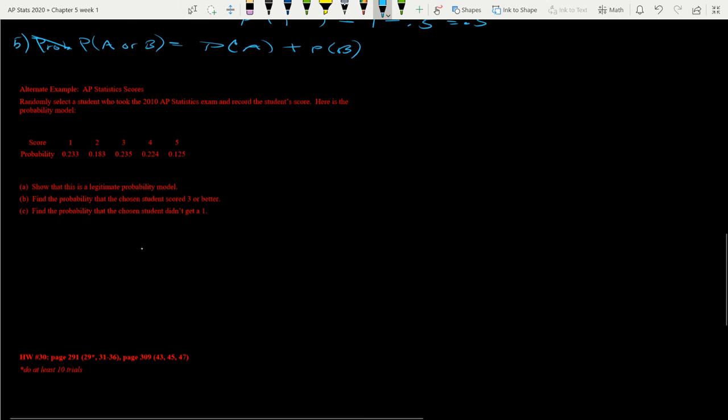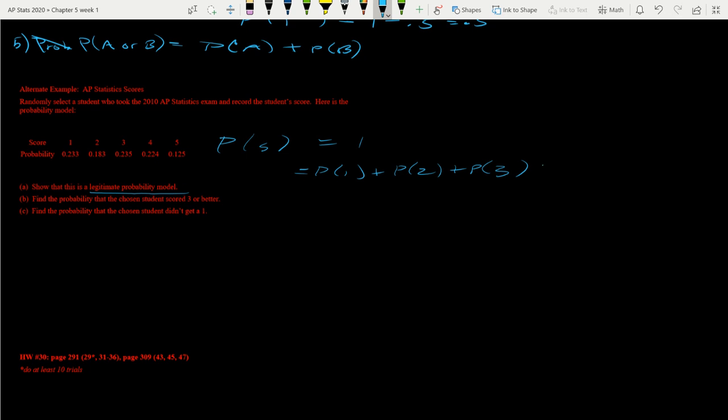So the first thing is we got to show that this is a legitimate probability model. Remember, the probability of the sample space has to equal 1, which means for this case, it's the probability of 1 plus the probability of 2 plus the probability of 3 plus the probability of 4 plus the probability of 5.